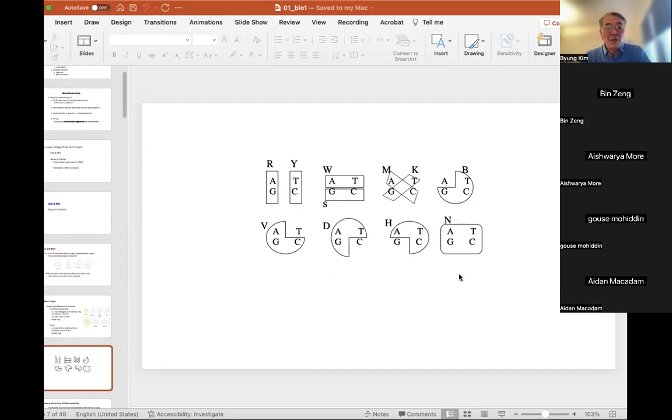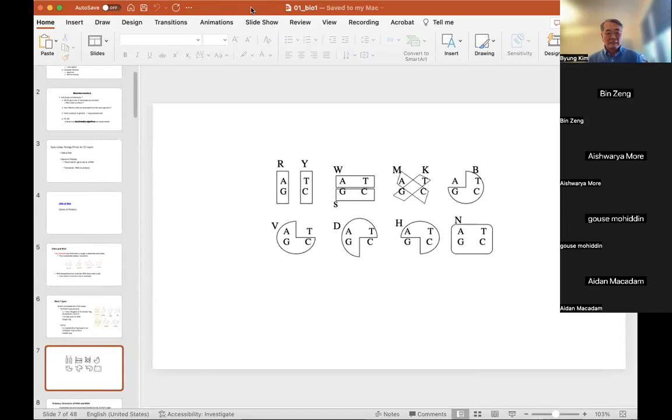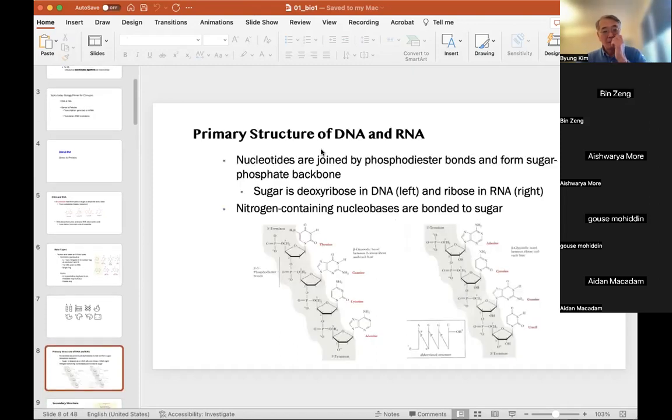Different groupings you can have. And if you don't know which one it is, or group all four bases together, then it's called N, for non-distinct or something like that. So they have different letters to indicate which group of bases you are referring to.